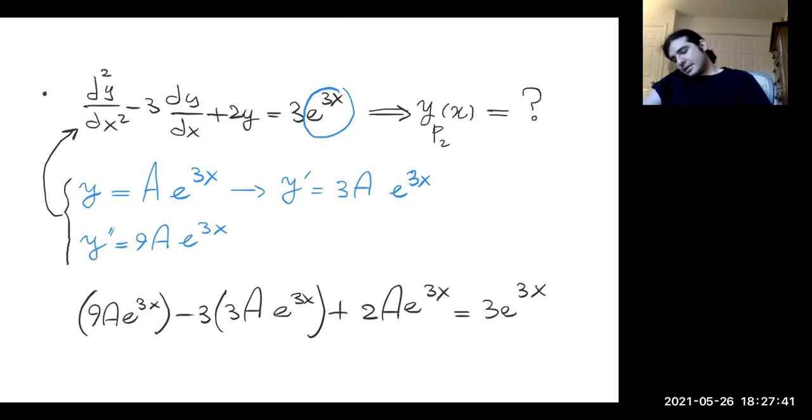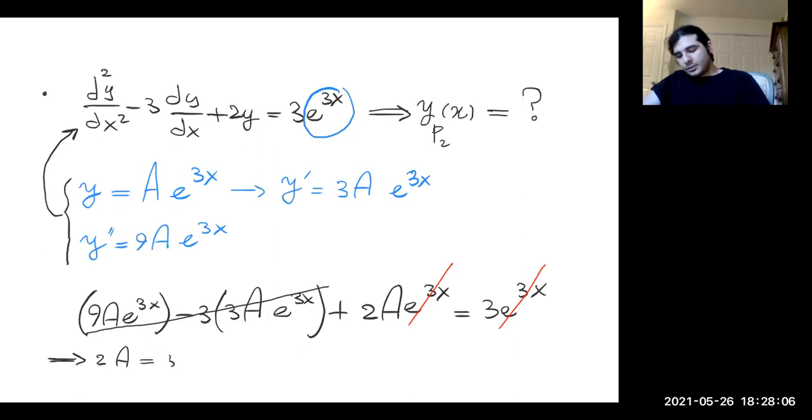As you can see here, we have 9a e to the 3x minus 9a e to the 3x. So these two cancel each other. Therefore, we get 2a, and also here e to the 3x cancels e to the 3x, right? Because it is non-zero, we can divide everything by e to the 3x.